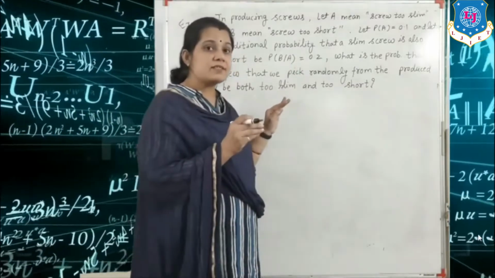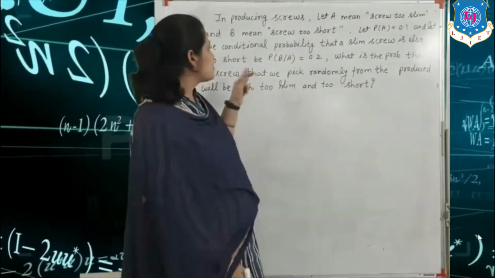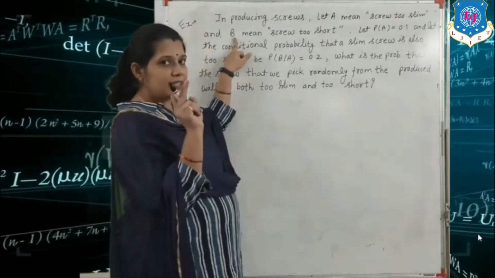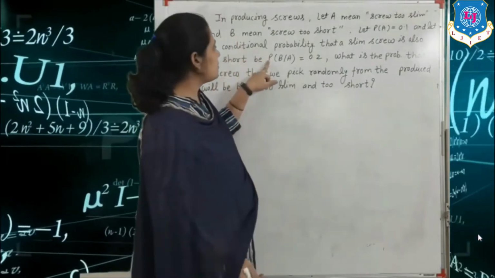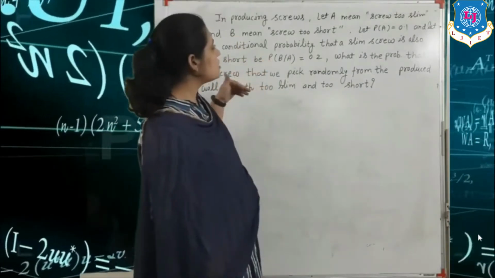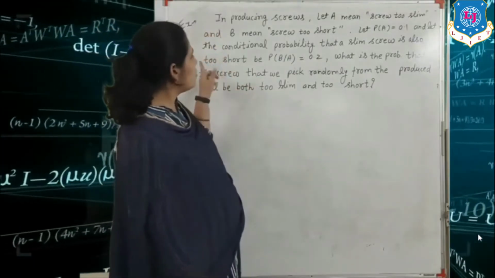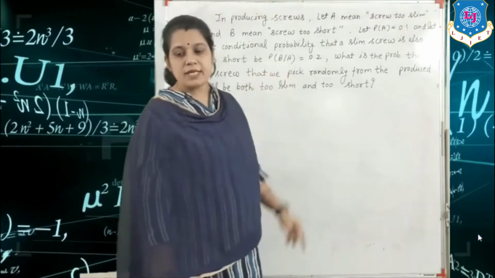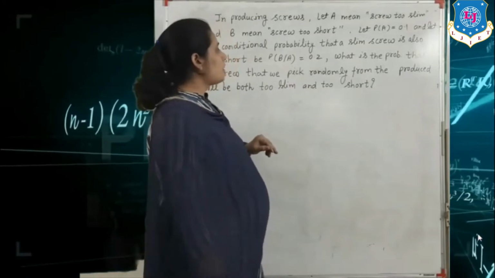Short screw is the B event and slim is the A event, so we write the probability of B given A, which is equal to 0.2.